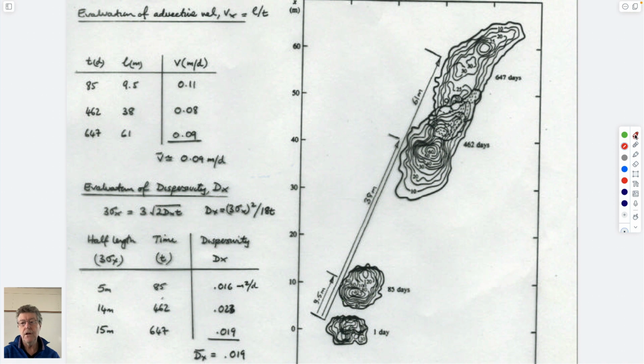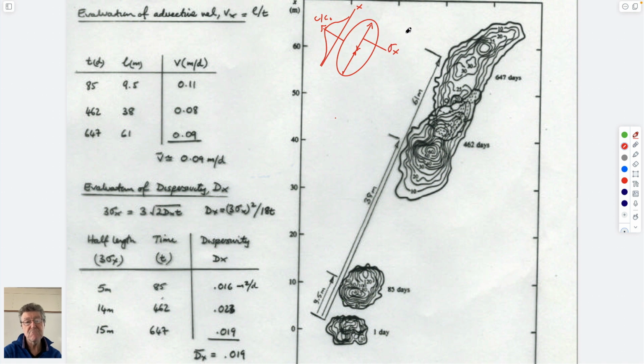We said that if we solve the advection dispersion equation, we end up with a plume that looks like that, where this length here is one standard deviation. We drew this on edge to look like this. This is concentration. This was the longitudinal dimension.